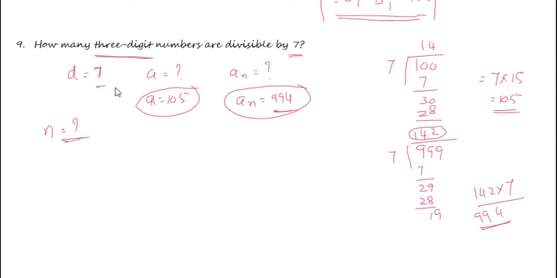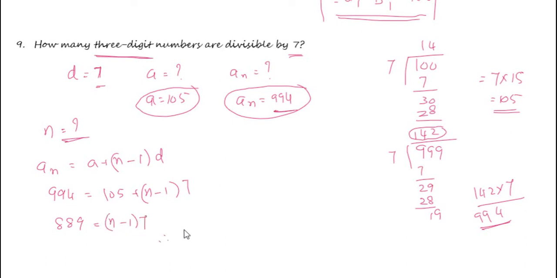How many 3-digit numbers? An equal to a plus n minus 1 into d. An is 994 equal to a is 105 plus n minus 1 into d. D is 7. 105 if you take to the other side, then it becomes 994 minus 105. 889 is equal to n minus 1 into 7.